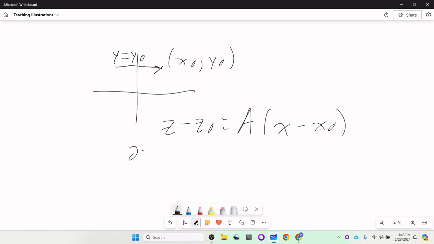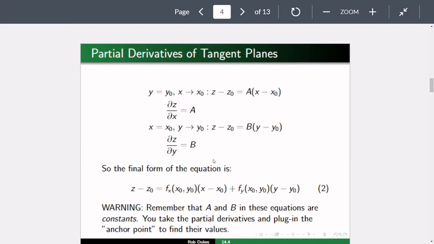We then take the partial z over partial x, which would equal just a. Because if we take the partial derivative on the right, x goes to 1, x naught goes to 0, so the partial derivative at that point is the coefficient for the x minus x naught.